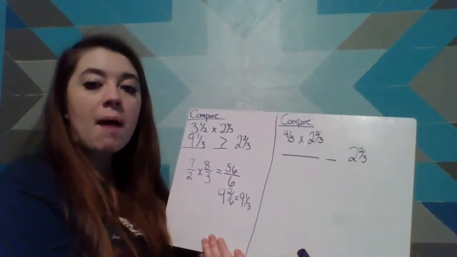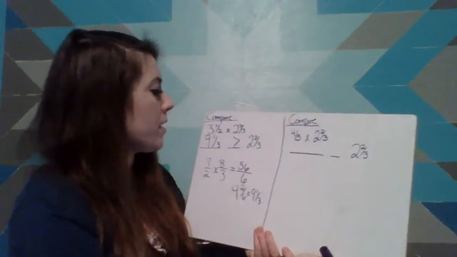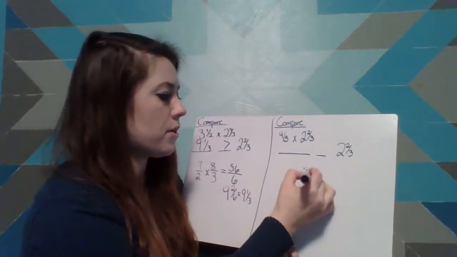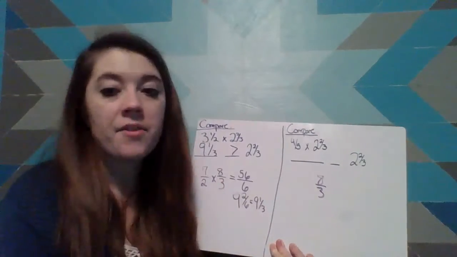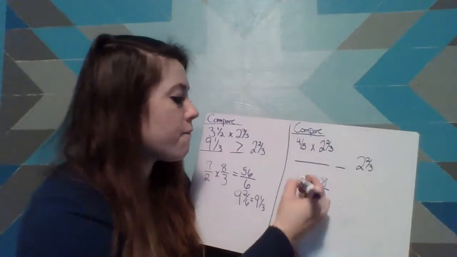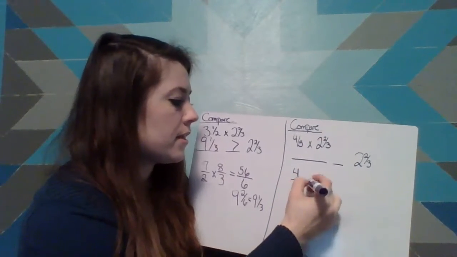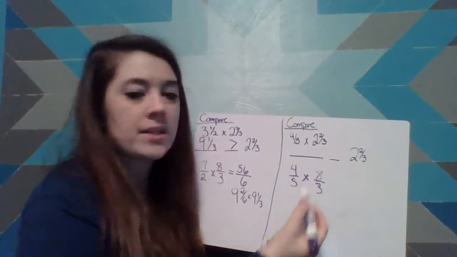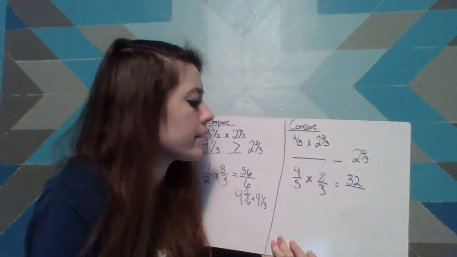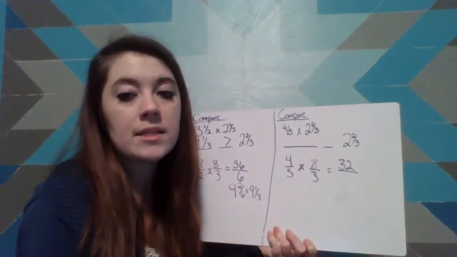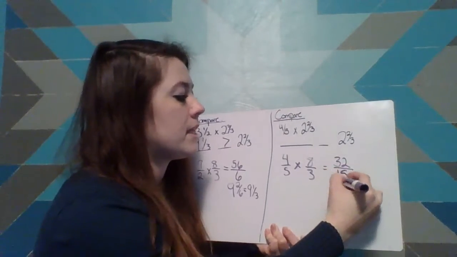All right, so our next problem, we have another 2 2/3, so we know 2 2/3 is 8/3, so I'm just going to write that down right off the bat, since we already have that math done for us. And now we have 4/5. So we have 4/5 times 8/3. 4 times 8 is 32. Excellent. And 5 times 3 is 15. Wonderful.